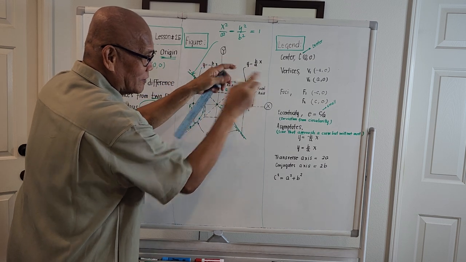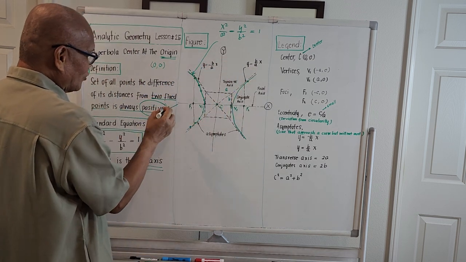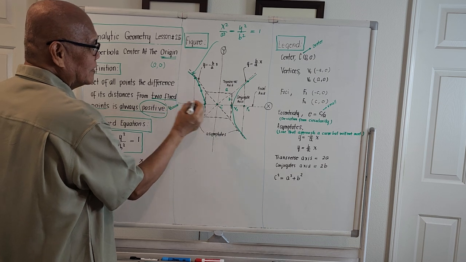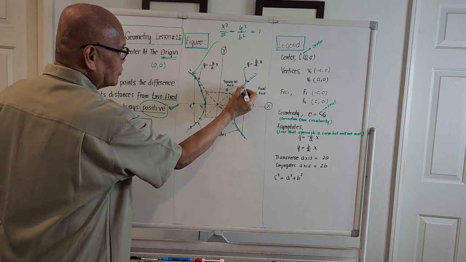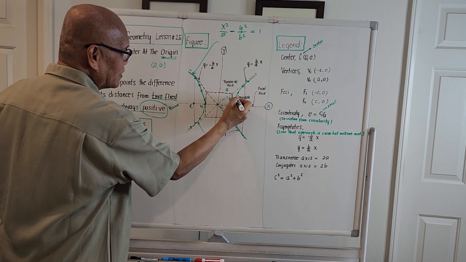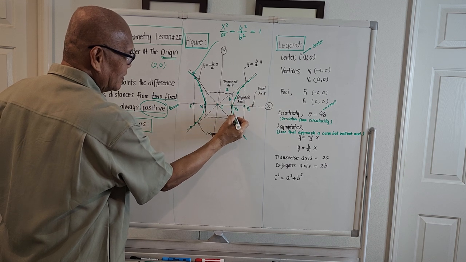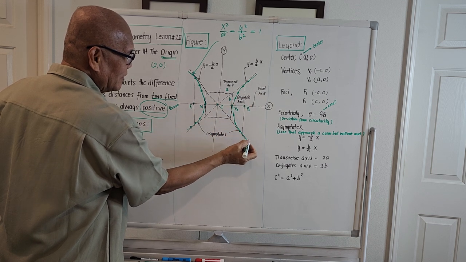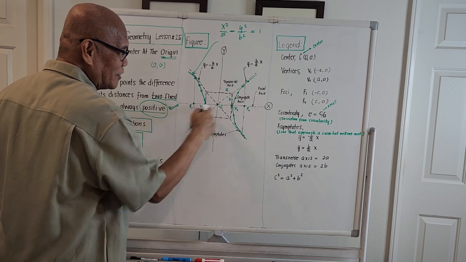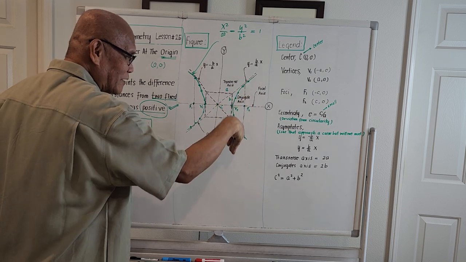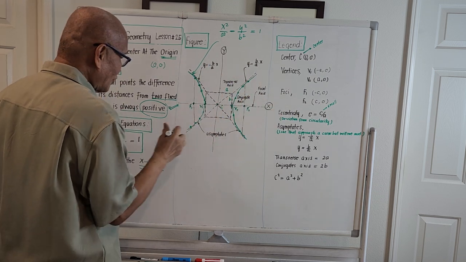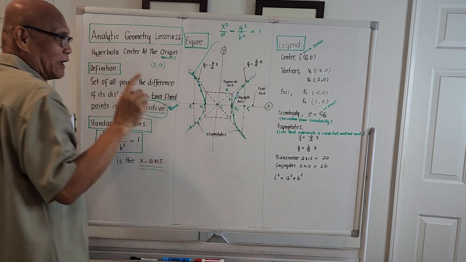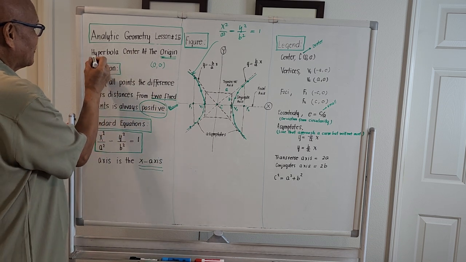Again, if you take the difference, it will always be positive. So as the point moves along the curve, considering the right-hand side, the difference is always a positive number. And that is the so-called hyperbola.